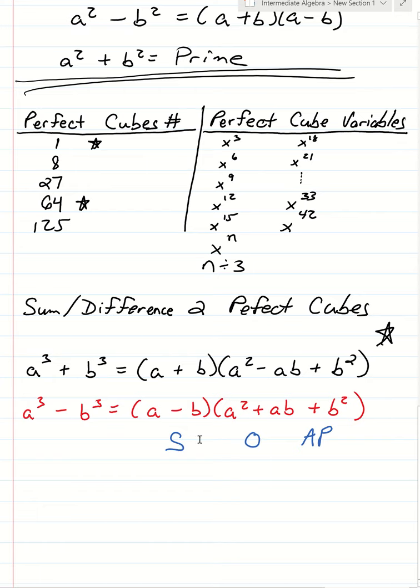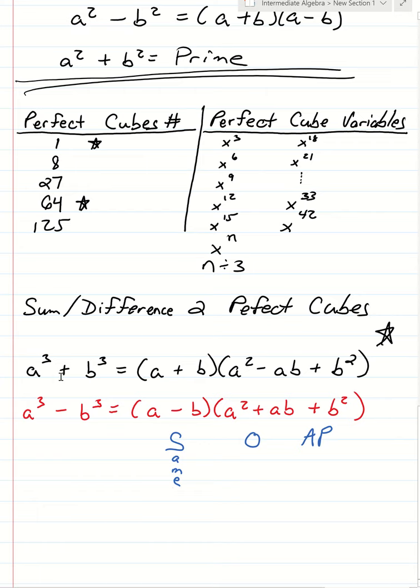So S stands for the same sign, okay? Because A and B don't change within the formula. The formula stays the same with the A and the B. What changes are the signs. And the sign here is going to be the same as the initial sign. Let's take a look at that second sign.